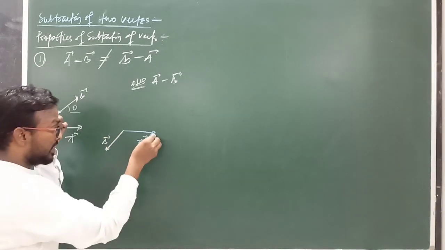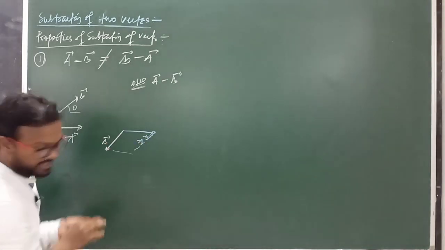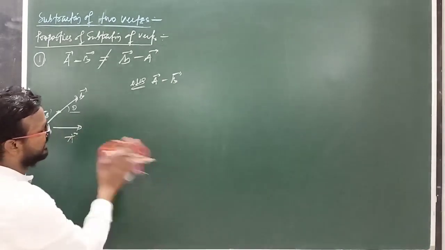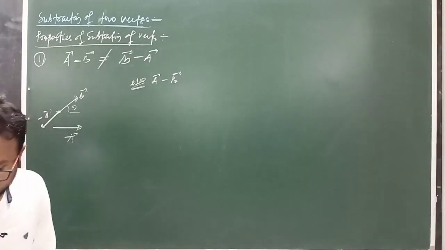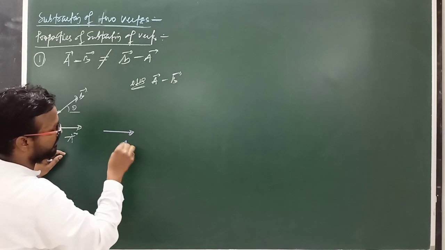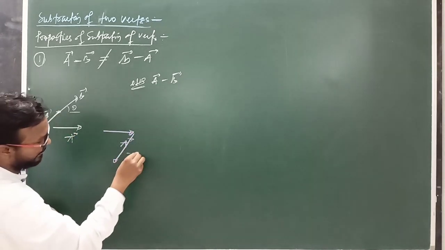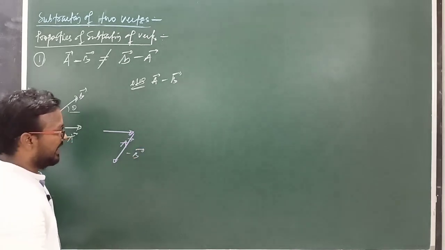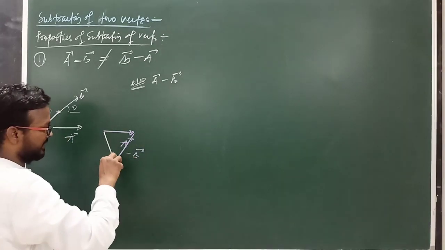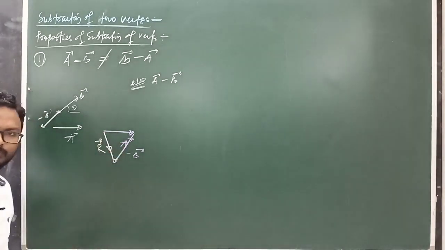Clear? And here we get the resultant vector. You can say this is the B vector and shift it here. The simplest method is: this is the A vector and this is the minus B vector. Clear? And here the resultant vector, known as the R vector, is in this direction.